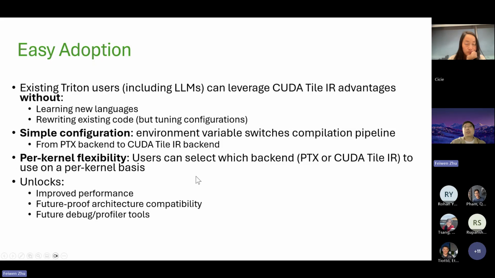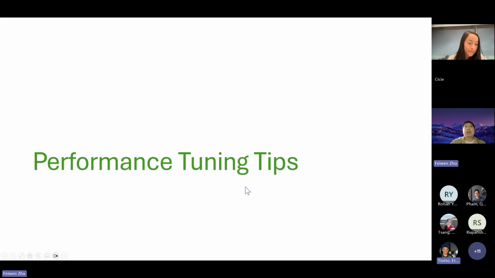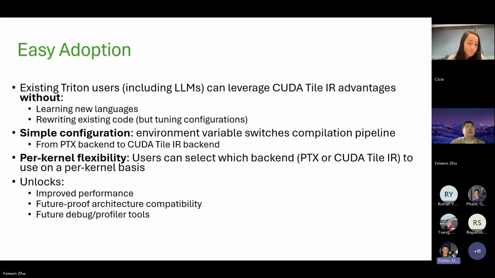And the user can also select which backend to use on a per-kernel basis. For example, in one program some kernels can use the PTX backend and some kernels can use the tile IR backend. Oh, so this is actually per kernel, so you can annotate the kernel to say this is a Triton kernel, but please use this backend instead of the other backend?